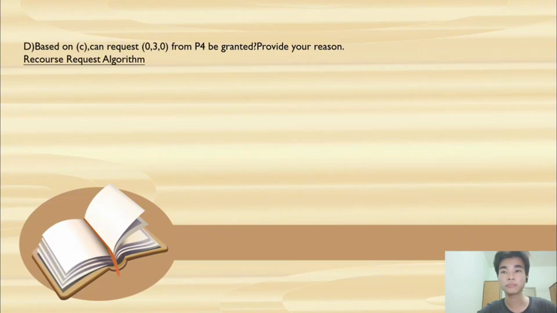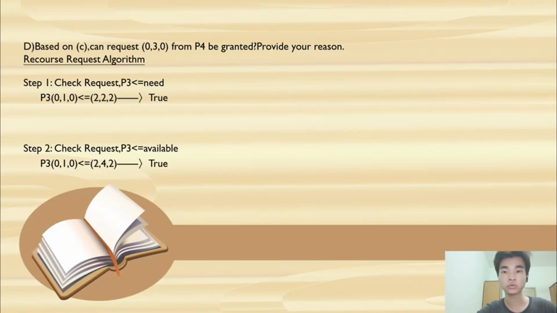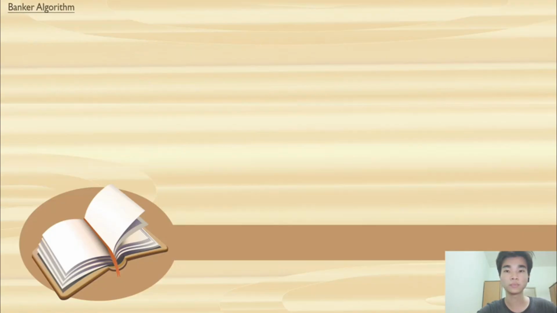In question D, based on question C, can the request 010 from P3 be granted? Provide your reason. Step 1, we check the request: P3 request less than or equal to the need. 010 is less than or equal to 222, so it is true. Step 2, P3 request less than or equal to available. 010 is less than or equal to 242, so it is true.